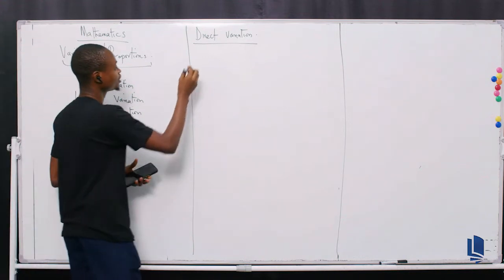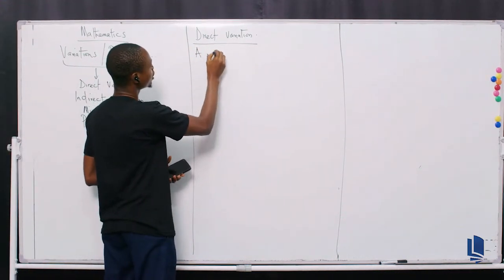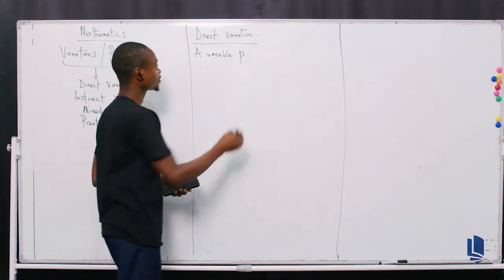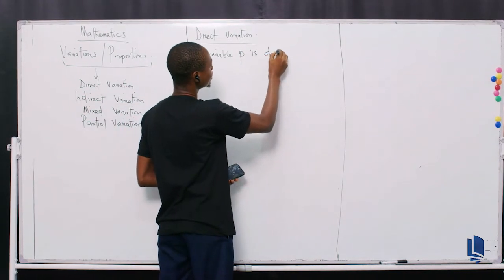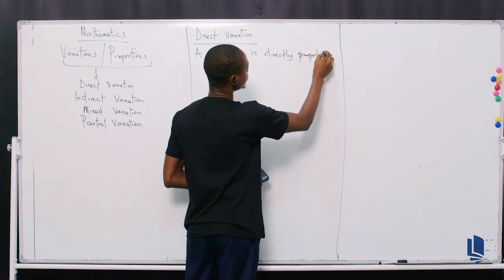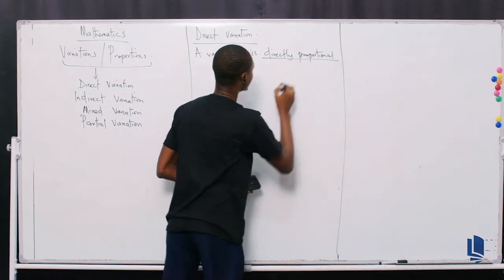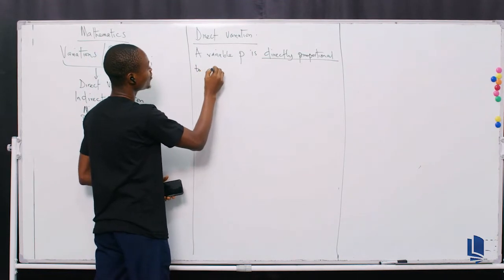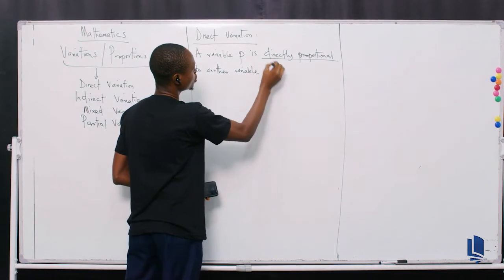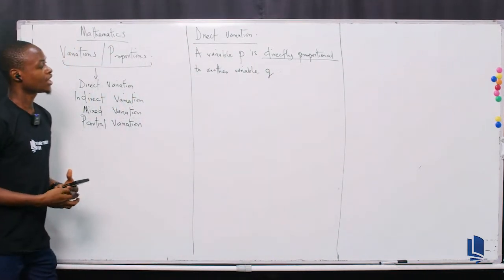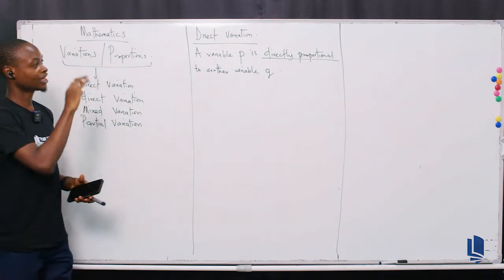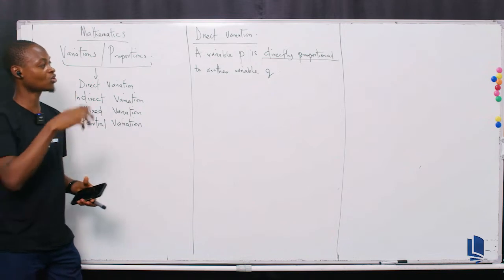A variable P, let's decide to call it P, is directly proportional, that's the key word, directly proportional to another variable Q. A variable P is directly proportional to another variable Q. That is basically what direct variation is saying. Now, how do you write this?